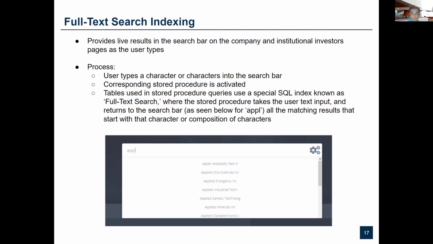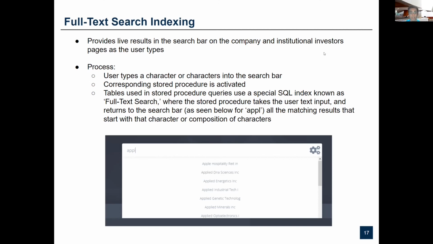So the process at a high level is that the user can type a character or multiple characters into the search bar on that corresponding page, and the corresponding procedure, whether you're on the institutional investors page or the company/investment page, there's one stored procedure for either search bar. That procedure is activated. And then we designed special tables to be used in these stored procedures in order to speed up this search process.